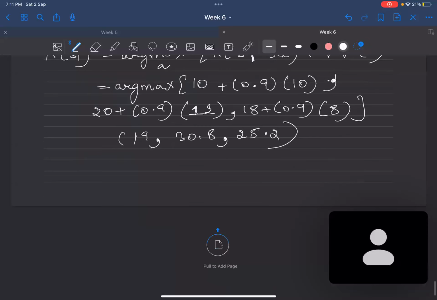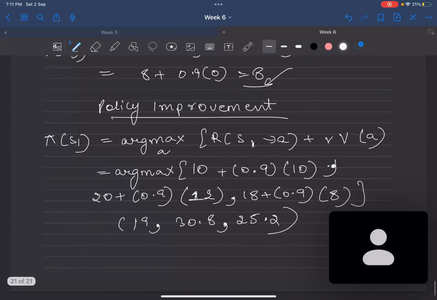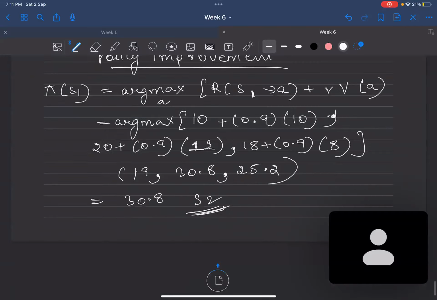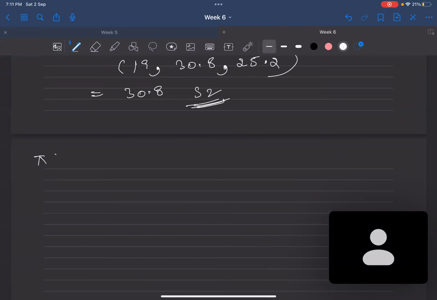So I can say that 30.8 is the max one, and since we are taking argmax, S2 is the maximum. The action A is to go from S1 to S2. S1 to S2 is the max one, which is higher than S1.